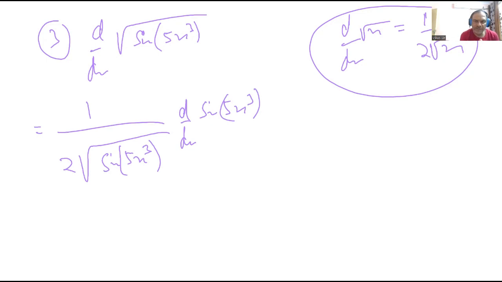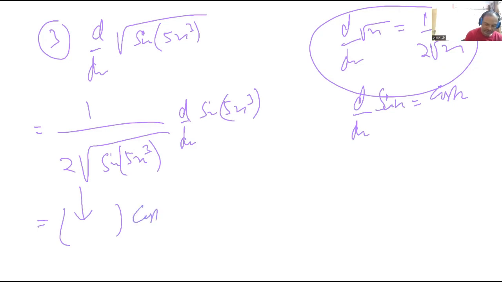And we know if we differentiate sine x, we will have cos x. What it means is that this thing will remain as it is. The whole of the thing will be here, 1 over 2 root sine 5x cubed. And now here, sine will be converted to cos. This is cos 5x cubed.